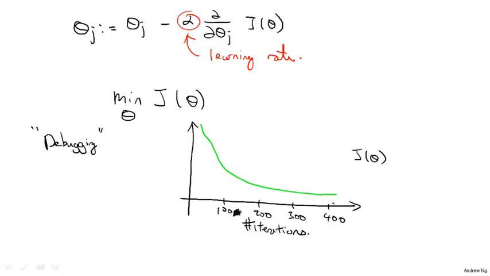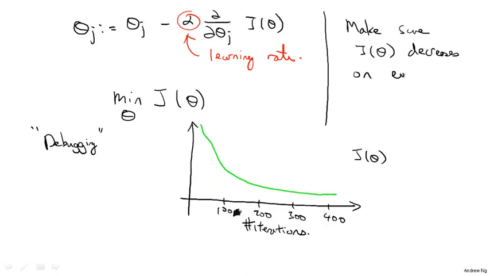If gradient descent is working properly, you should see that J of theta decreases on every single iteration. In particular, if it looks like that and sometimes goes up, sometimes goes down, then something's wrong, and this is not what this plot is supposed to look like.